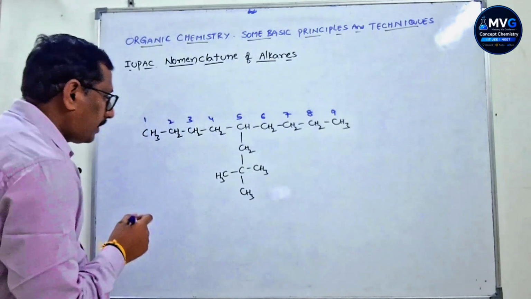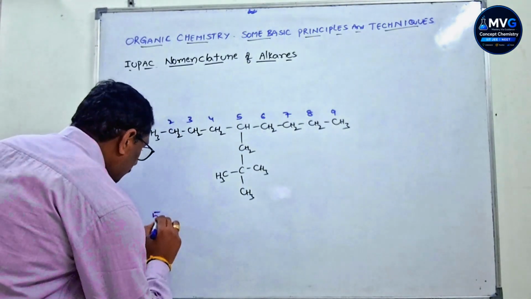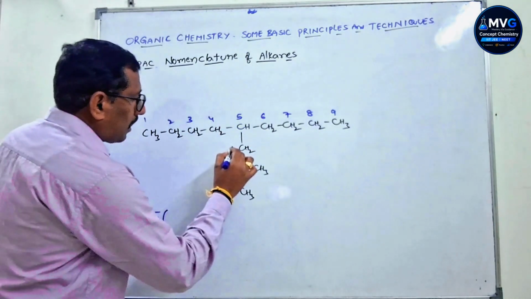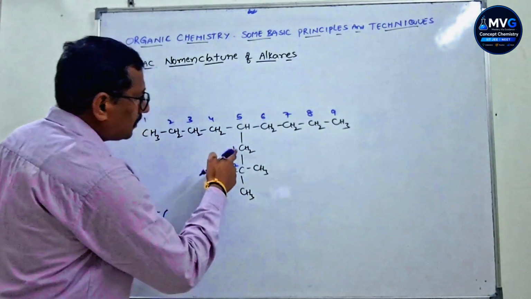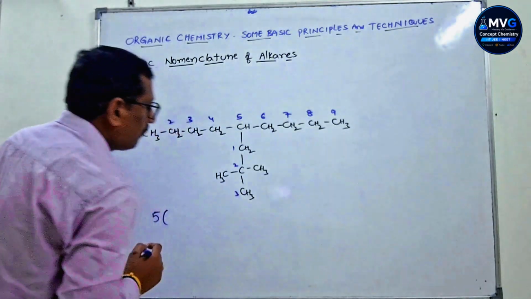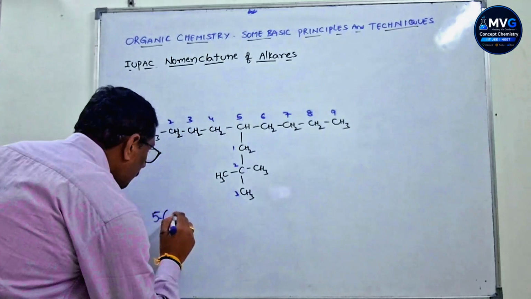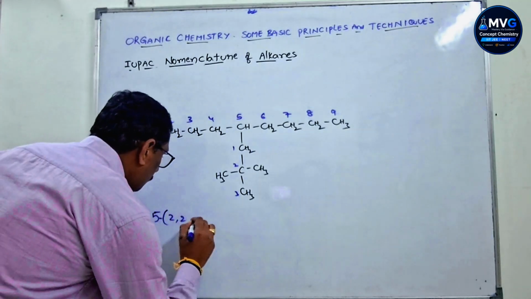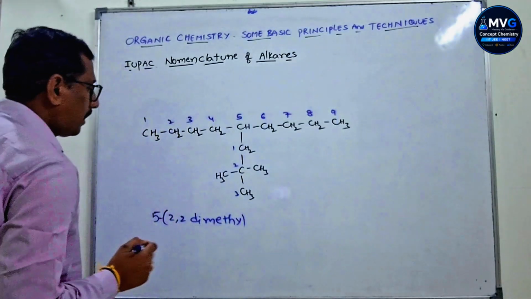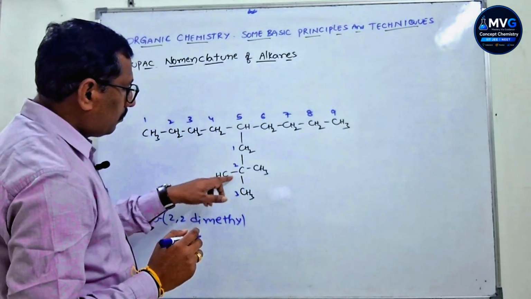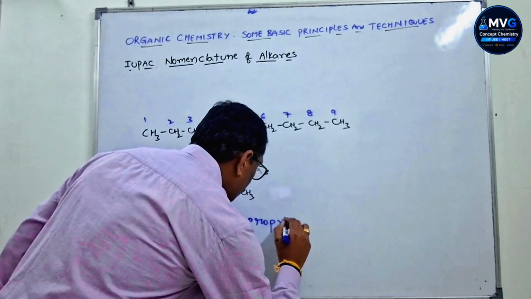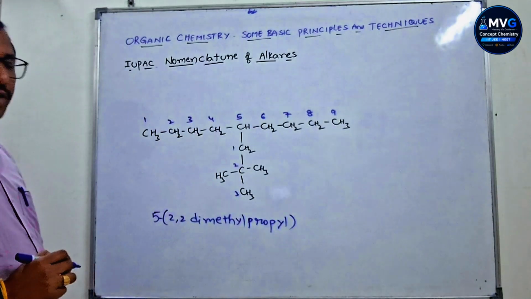Now the name, students. Here the fifth position has the substituent. Here, students, what I told: complex ligand, separate numbering. The carbon which is directly attached to the parent carbon chain, from there we should start the numbering 1, 2, 3. Now at the second position, 2 methyl groups are there, students. 2, 2 dimethyl, root word propyl, completed, students.